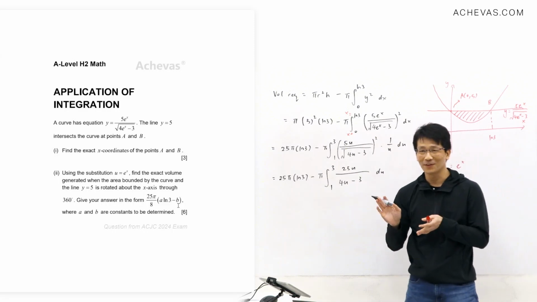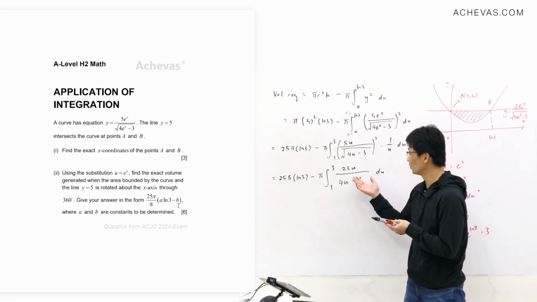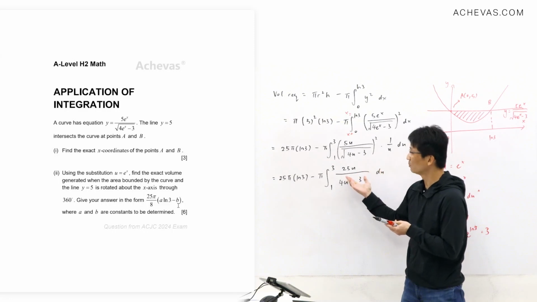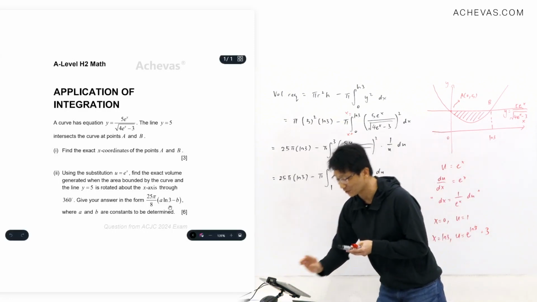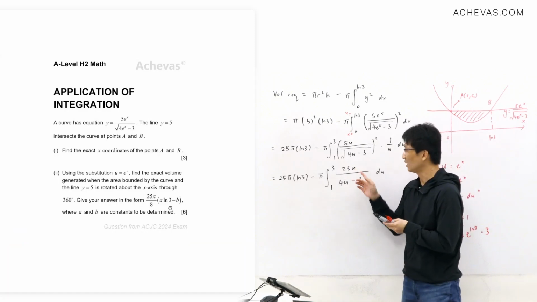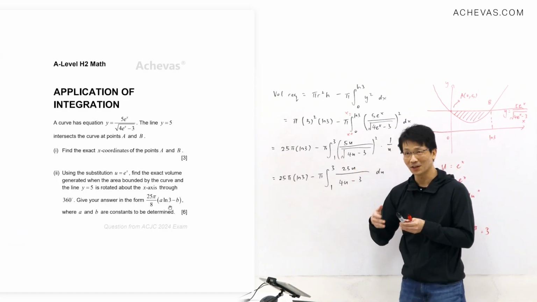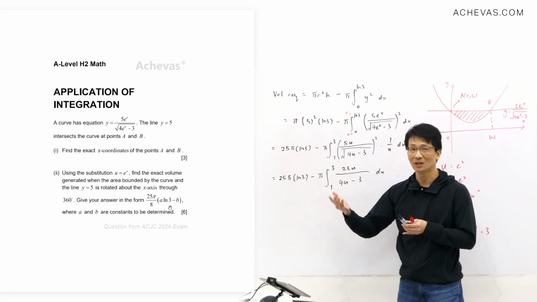Right, I think all the difficult parts have been done. So basically what we need to do is just integrate this, put in the values, and simplify it. Hopefully we'll be able to get this expression here. However, I look at this, and this is an improper fraction. An improper fraction, we can't integrate directly. So what we need to do is a long division first, change it into a proper fraction, then we do the integration.